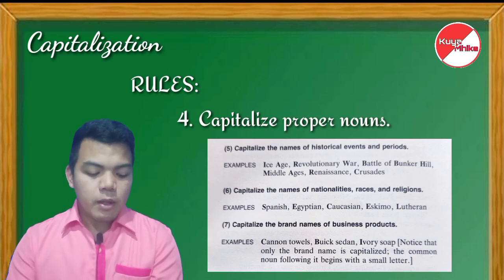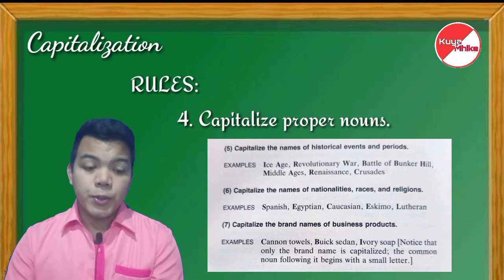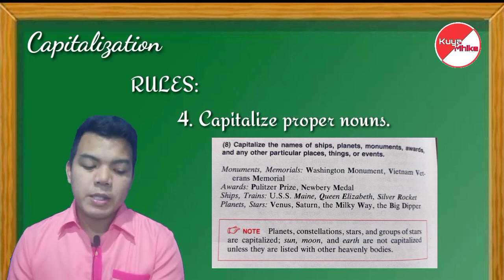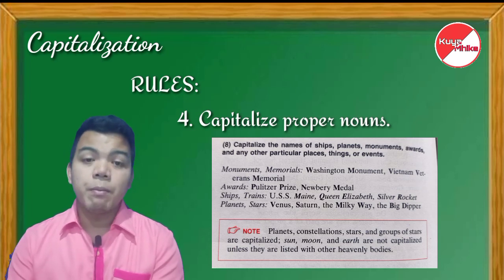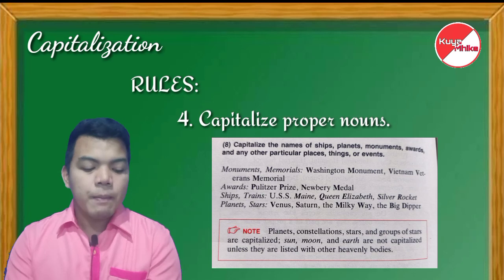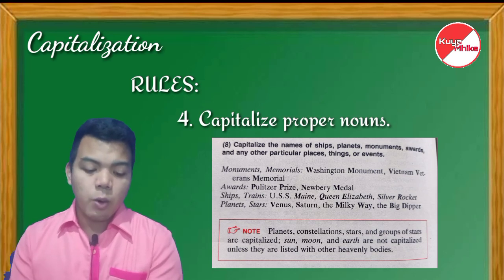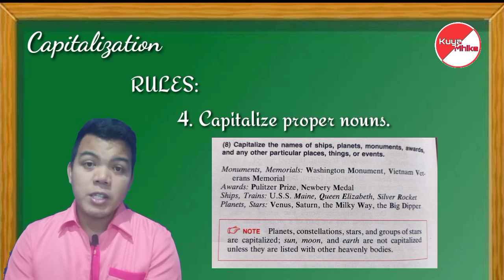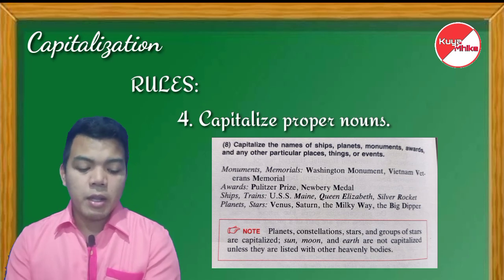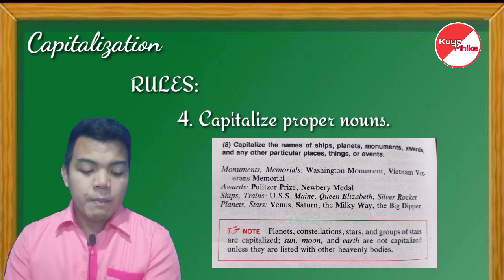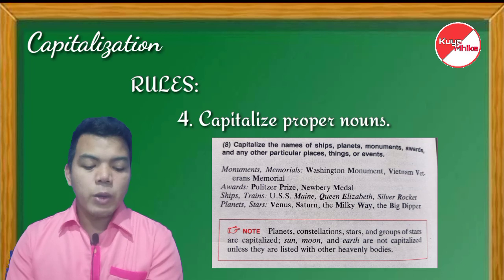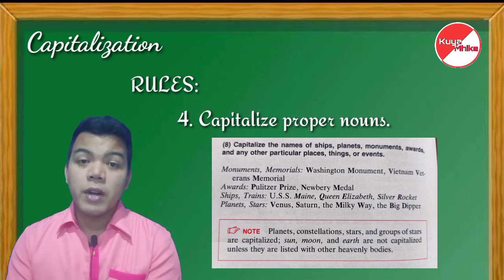Lastly, we have another rule: capitalize the names of ships, planets, monuments, awards, and any other particular places, things, or events. Monuments, memorials like Washington Monument, Vietnam Veterans Memorial. So sa awards naman: Pulitzer Prize, Newbery Medal. Sa ships and trains naman: USS Maine, Queen Elizabeth, okay, or Silver Rocket.